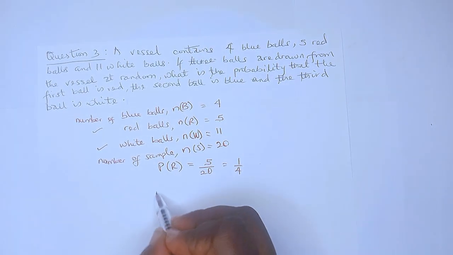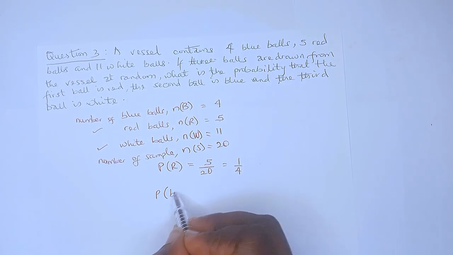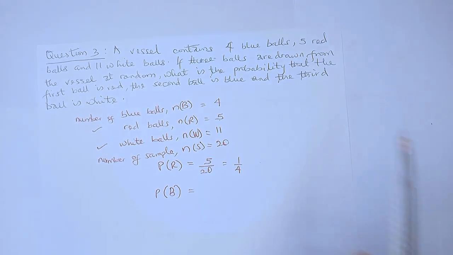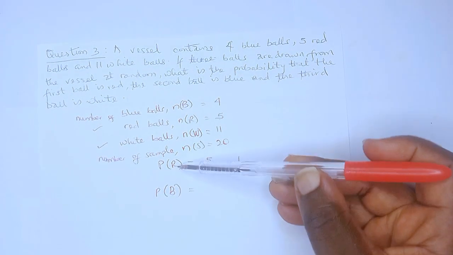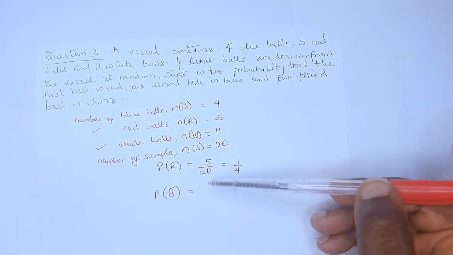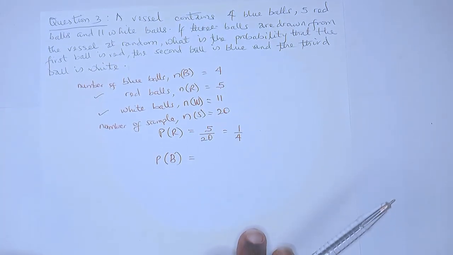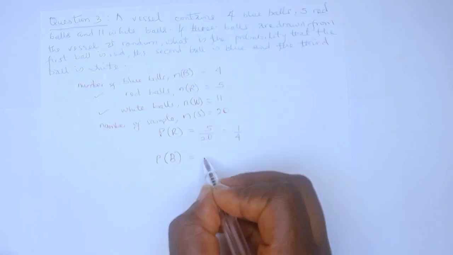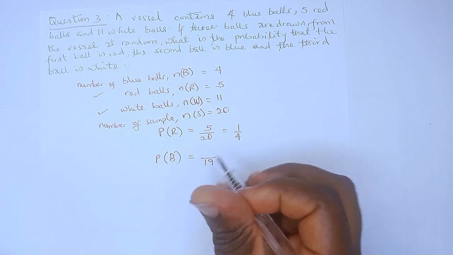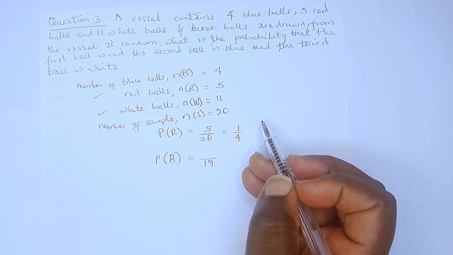Now, probability of picking a blue ball as the second ball. Now, note something here, that when you pick out one ball, irrespective of the color, it will no longer be 20. What you have left is 19. So we are dealing with what is left in the sample, 19, because one ball has been removed.